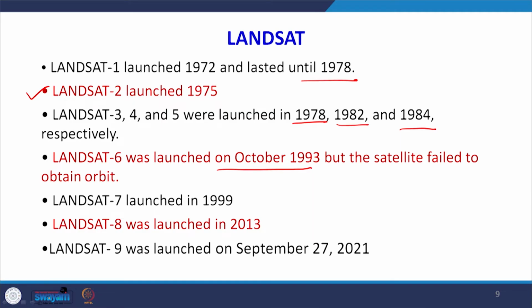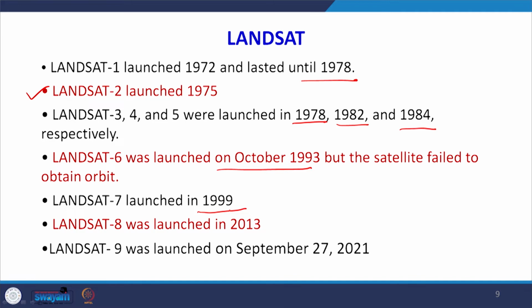Landsat 6 was launched in October 1993, but this satellite failed. It could not reach the desired orbit, the desired height, and it collapsed. Then Landsat 7 was launched in 1999. So after 1984, the next satellite which became operational was in 1999.